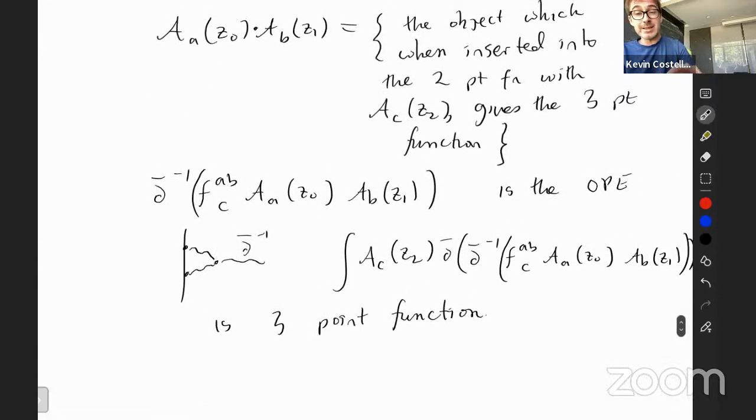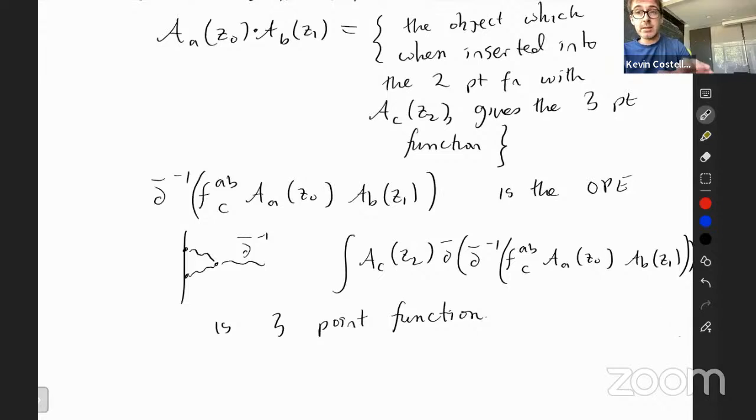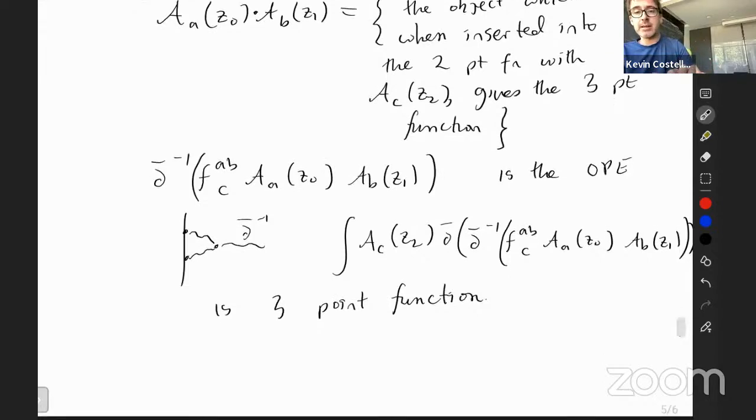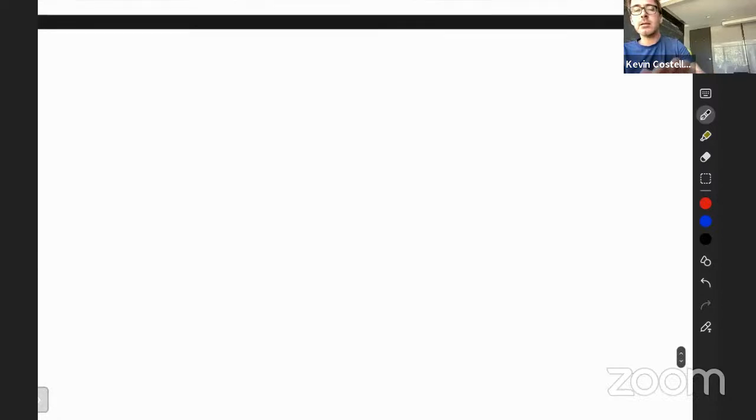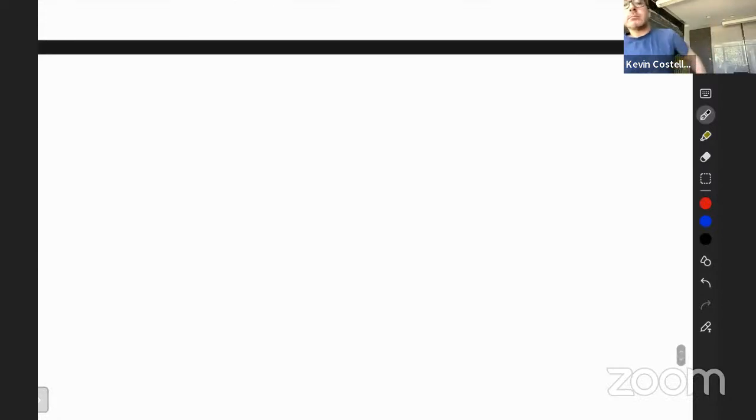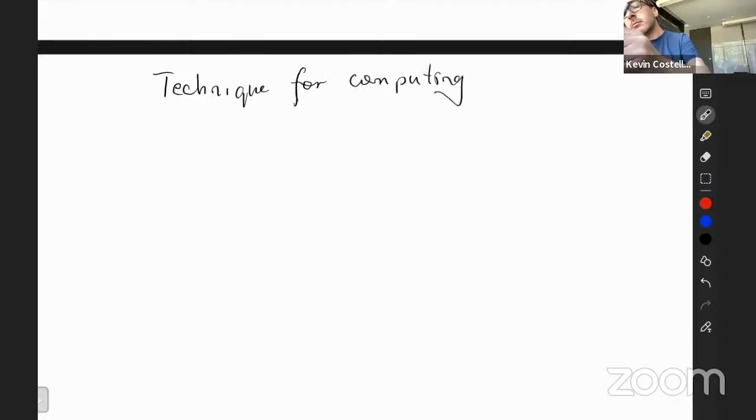So the OPE is something that's actually easier to compute than the 2-point function. So let me quickly explain the technique for doing that. The technique for computing the OPE is, well, A, C0, looks like this.